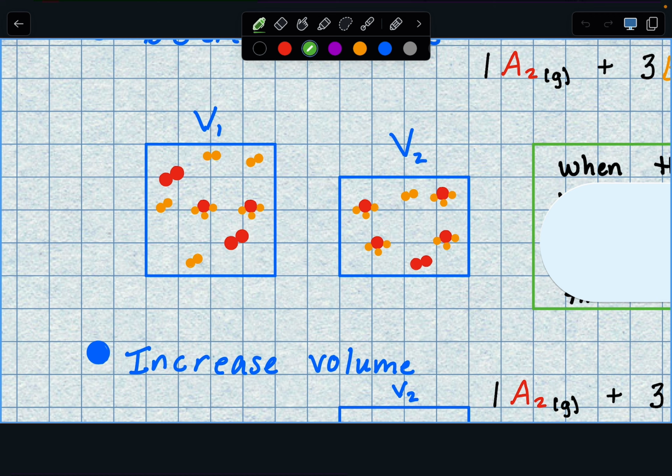I don't want this video to be too long, so I'm just going to focus on it from a PV = nRT aspect. If our volume decreases, initially the pressure is going to go up, but what the reaction will do to avoid that pressure increase is drop the amount of moles of particles, so it's going to shift to the side that has fewer moles of gaseous particles.